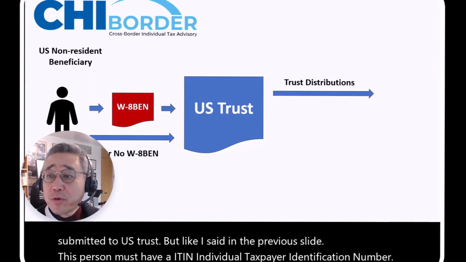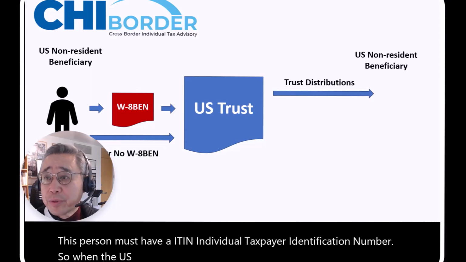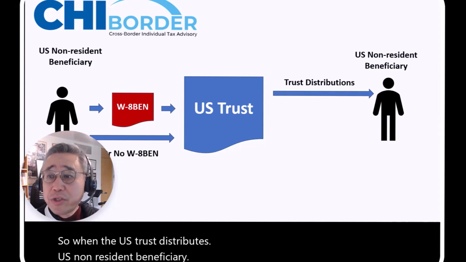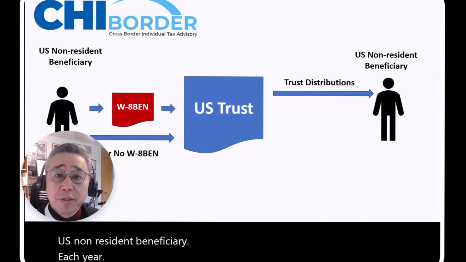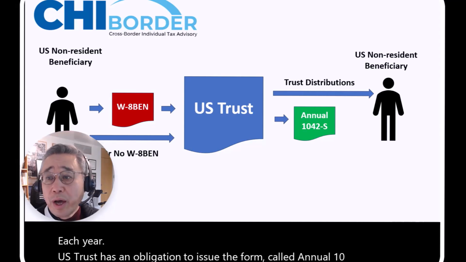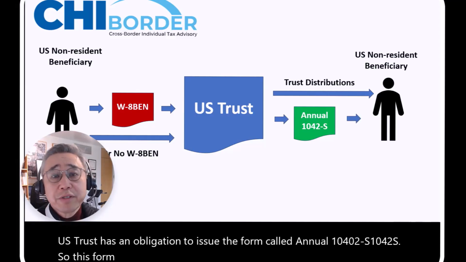So when the U.S. trust distributes to a U.S. non-resident beneficiary, each year the U.S. trust has an obligation to issue the form called Annual 1042-S. This form is an annual form. It's similar to Form 1099.